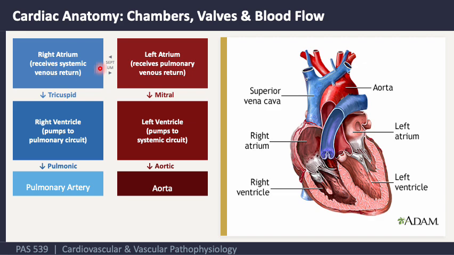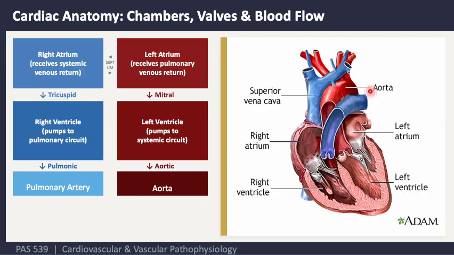So it goes through the right atrium, through the tricuspid valve into the right ventricle, which is down here. The right ventricle will pump the blood through the pulmonic valve, which is right here, to go into the pulmonary artery, which then will travel into the lungs to receive oxygenation.